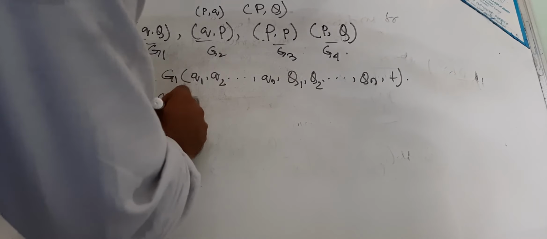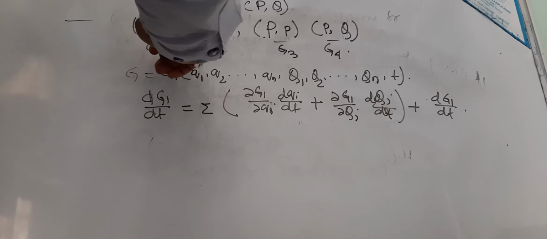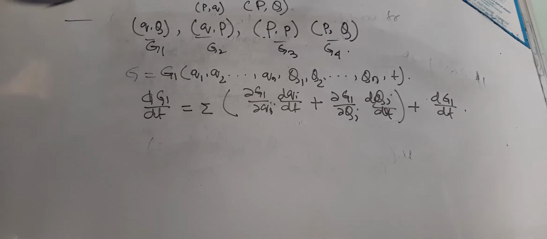Therefore dG1 by dt is equal to the summation of del G1 by del qi into dqi by dt, plus del G1 by del Qi into dQi by dt, plus del G1 by del t. If the first generating function is a function of small q and capital Q, then dG1 by dt is written this way.